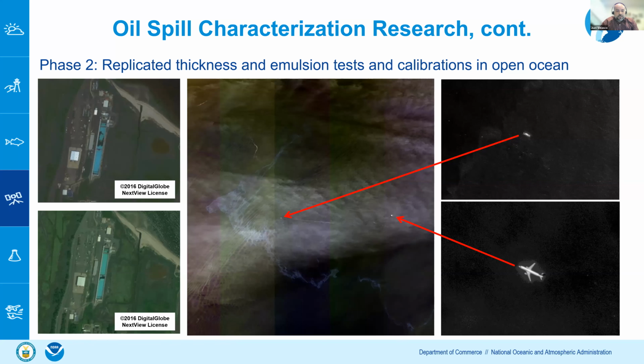The images on the left are two WorldView images of the Ohmsett tank. You can see, although they don't provide a lot of detail, the tank is still pretty small in the image. It's really the value that the pixels themselves contain. So in these images, there were enough pixels of the oil spilled in the tank to be useful.